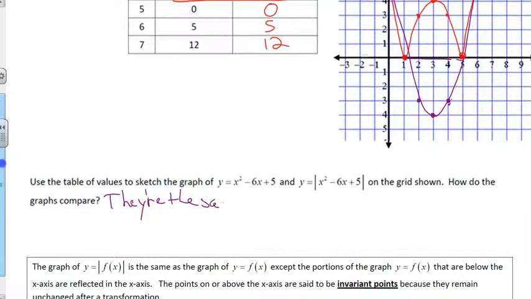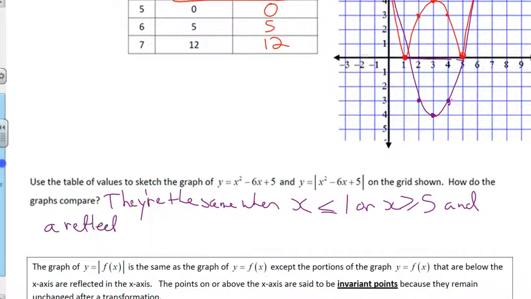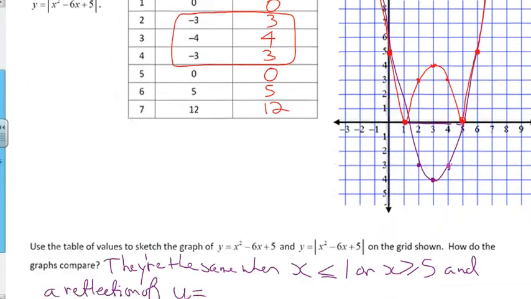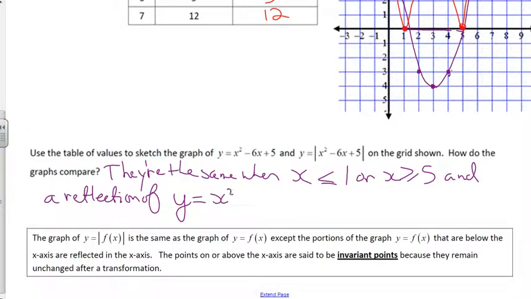They're the same when x is less than or equal to 1, or x is greater than or equal to 5, and a reflection of, what's the equation? Y equals x squared minus 6x plus 5. When x is between 1 and 5.